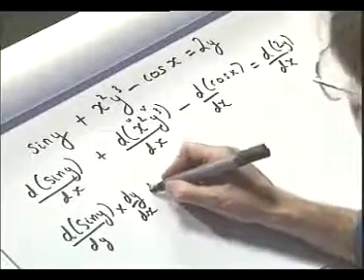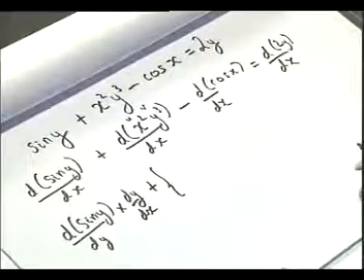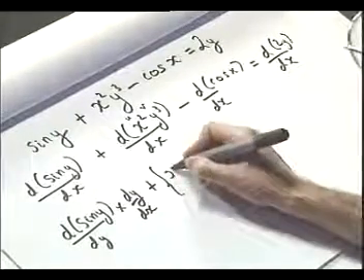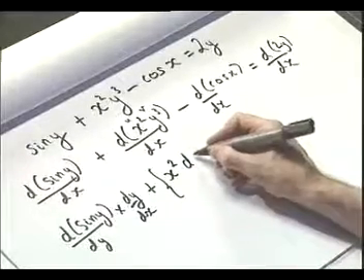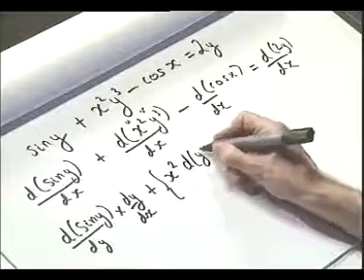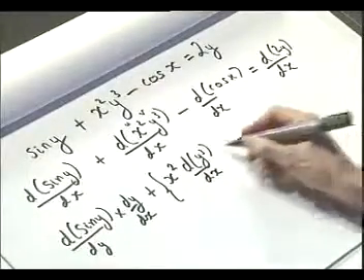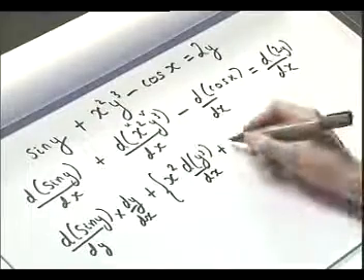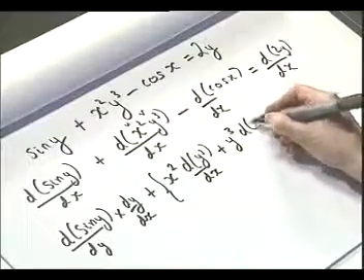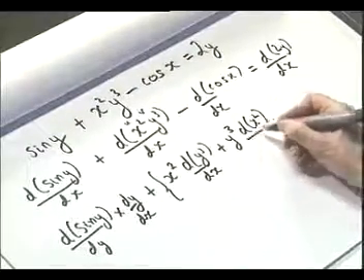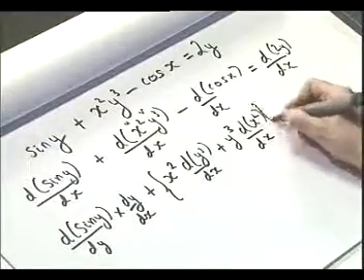So this is plus. Let's remember how we differentiate a product. We take u and we multiply it by the derivative of v. So that's the derivative of y cubed with respect to x, plus v, and we multiply that by the derivative of u, which in this case is the derivative of x squared.